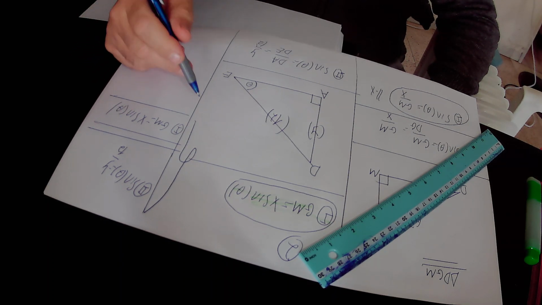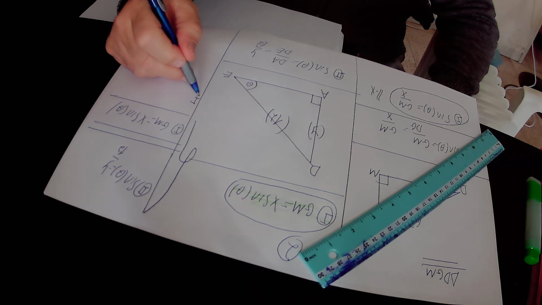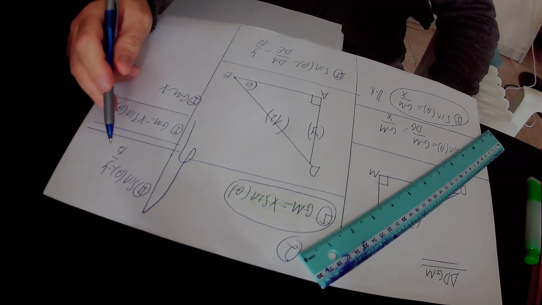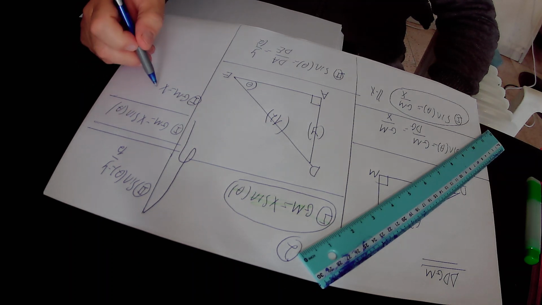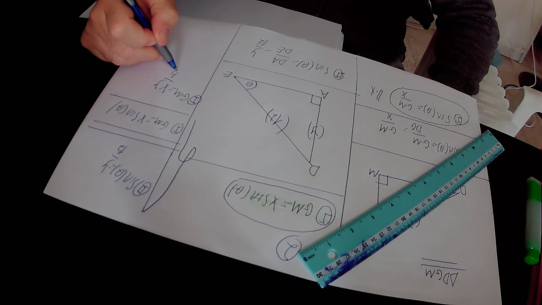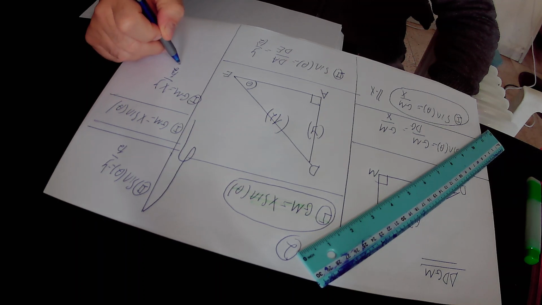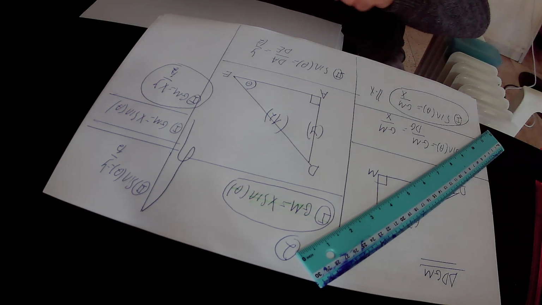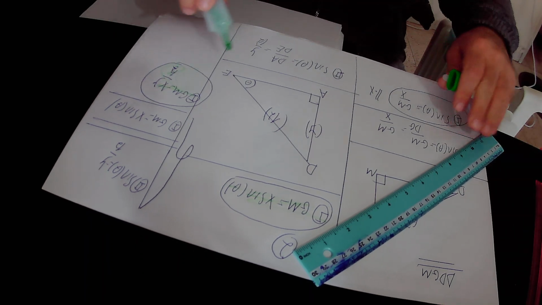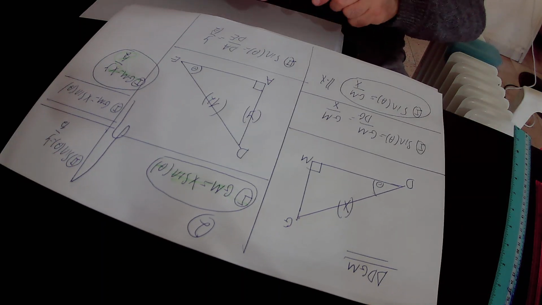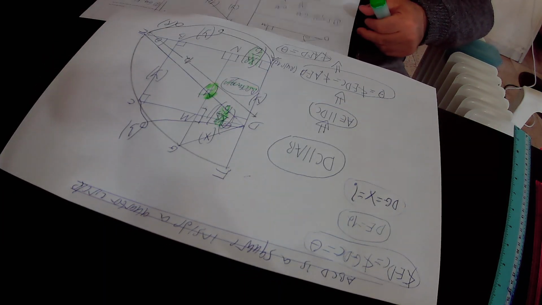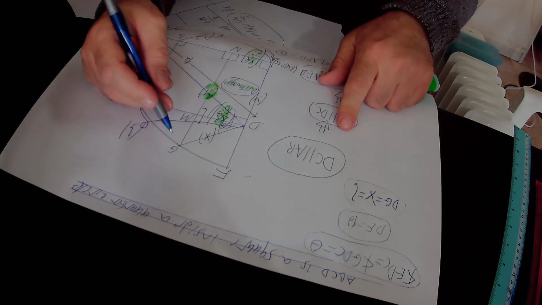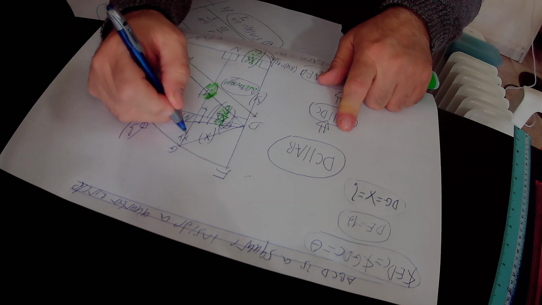We'll do it now, and we get that GM equals X times sine theta, and sine theta is y over 12. So in total, we found out that GM equals XY over 12. This equals X times y over 12.